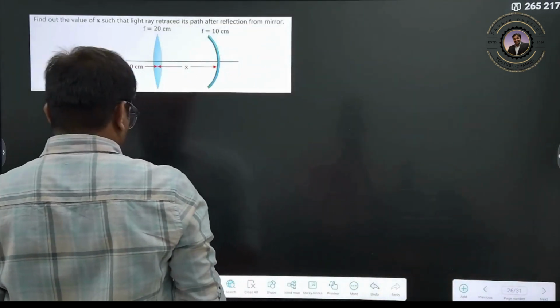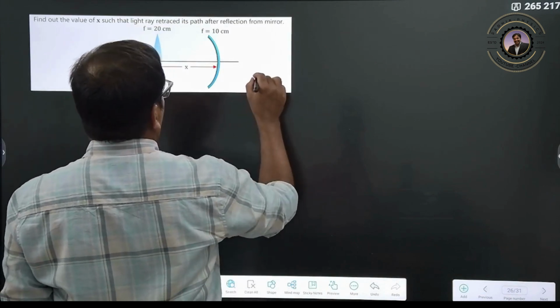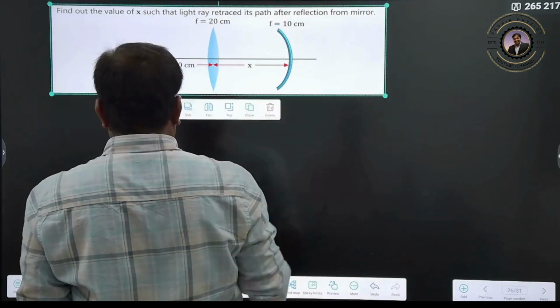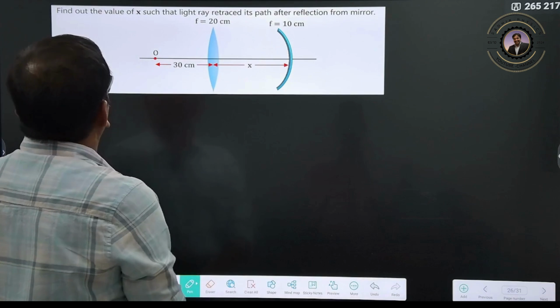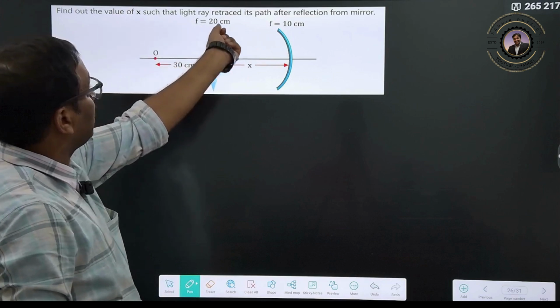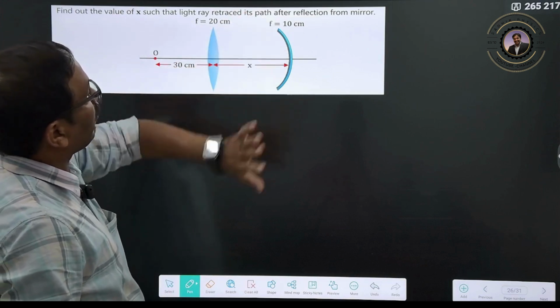Now let us see mirror combinations. Here what they are asking: find out the value of x, we want to calculate this distance, such that a light ray retraces its path after reflection from the mirror.